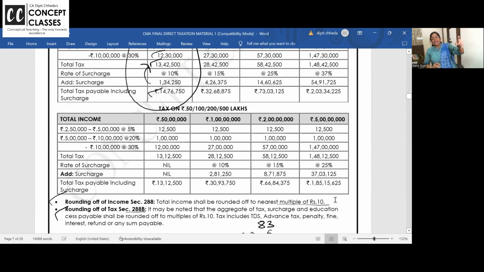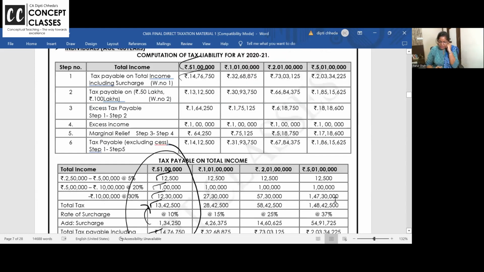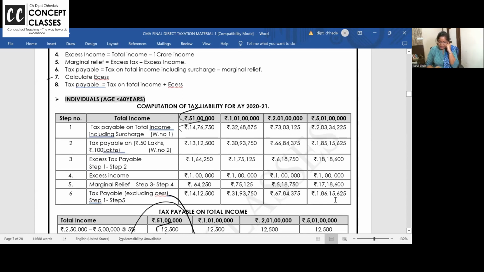Now come down. If your income would have been up to 50 lakhs: up to 2.5 lakh nil, 2.5 to 5 lakh 12,500, 5 lakh to 10 lakh 20%, 10 lakh above 30%. What is the surcharge? Nil, because up to 50 lakh surcharge is not there. So how much tax are you paying? 13,12,500. Now, look here.